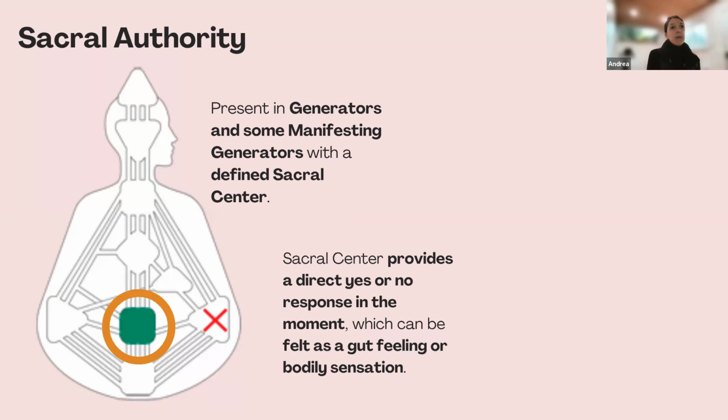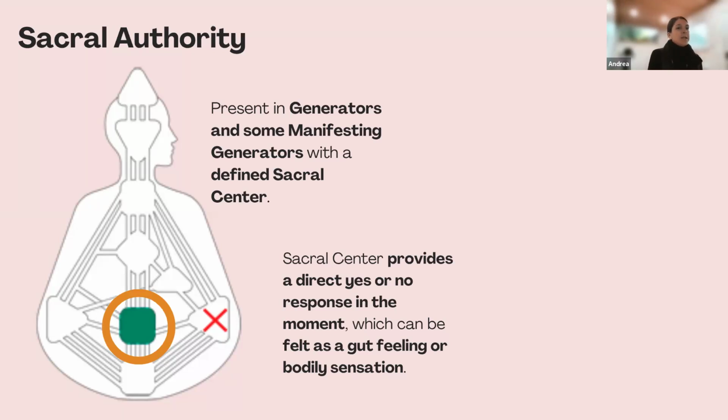So for generators or manifesting generators, people that have sacral authority, it makes sense to trust that gut feeling. Whereas someone with emotional authority doesn't necessarily have that, and so they might need that 24 hours to respond with their emotions.